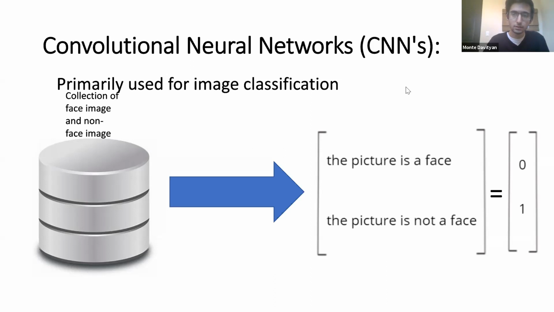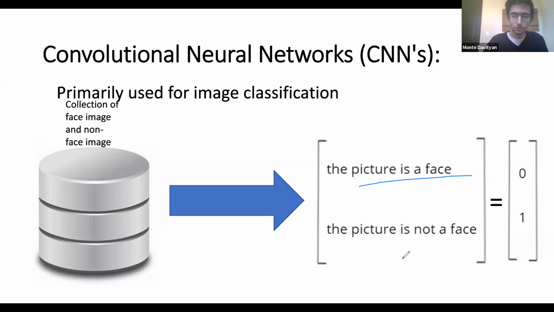The task is image classification, and we want to predict: is this image a face or is it not a face? Of course, this is a classification task, so we have a 0 for it being a face and 1 for it being not a face. And this is the same thing as a regular neural network.